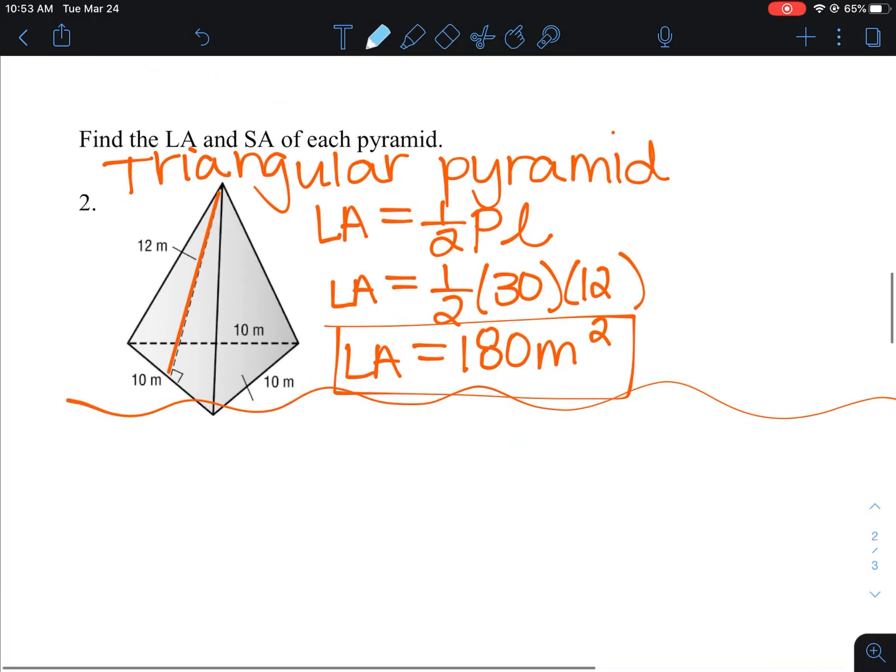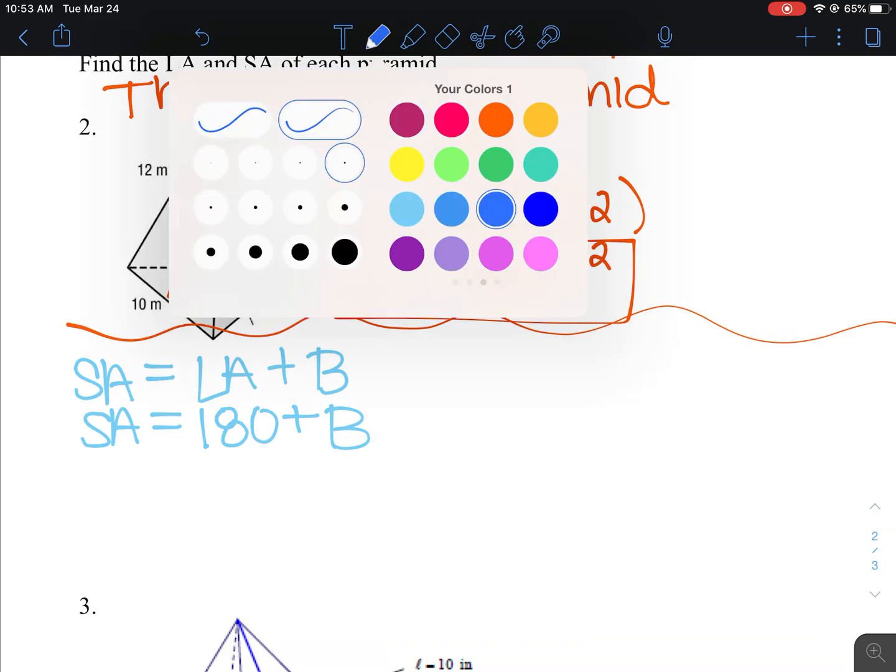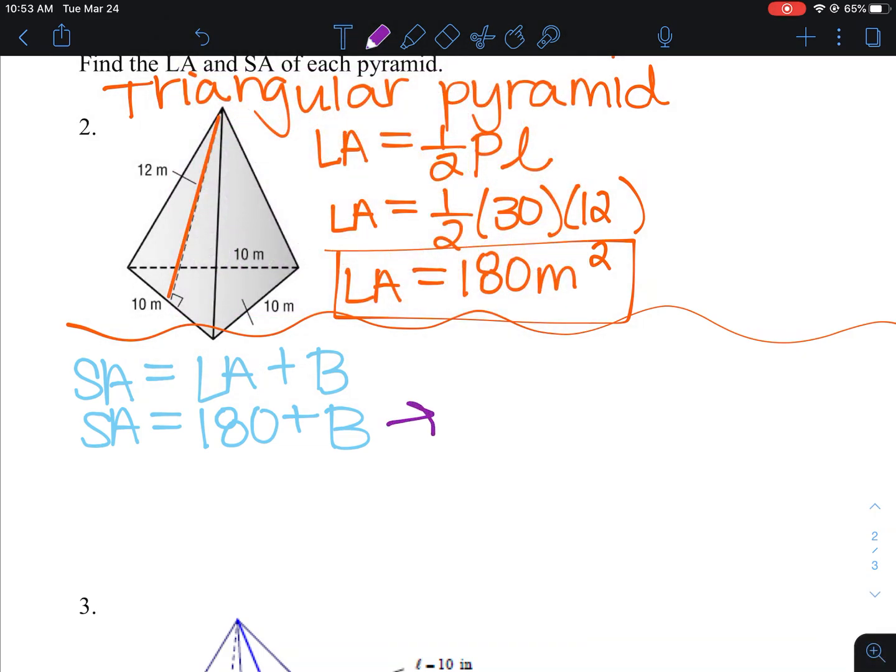And now we can find surface area. That is the lateral area we just found plus the area of the base. So the lateral area was 180 plus, and I'm just going to put capital B again for now because I want to branch out from here and show the work for this one.